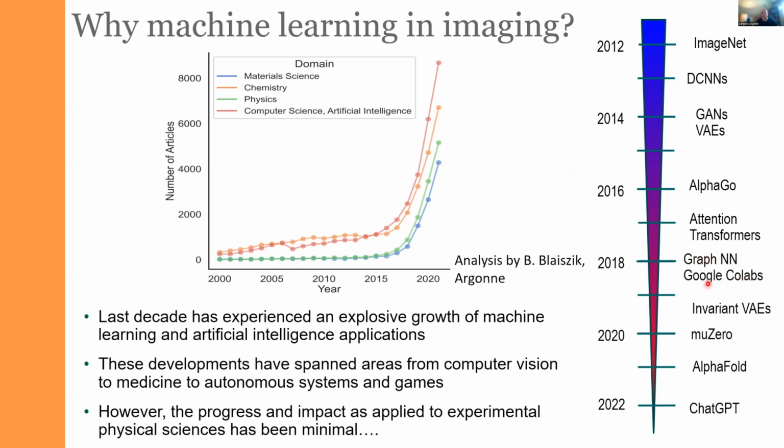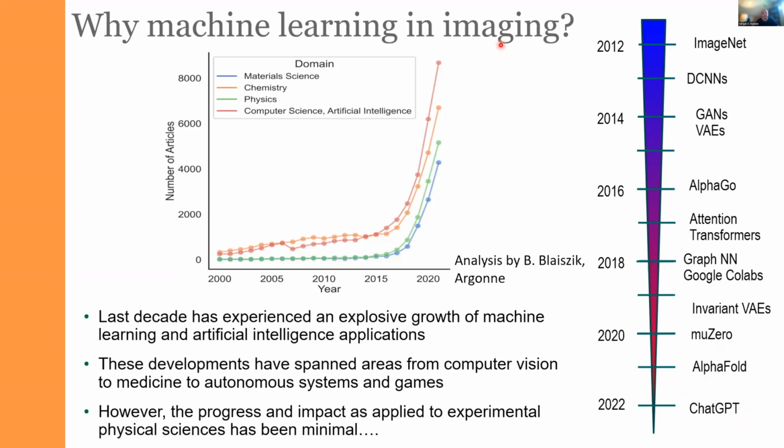Once Google Colab appeared, the entry level to learning Python and actually experimenting with deep learning dropped essentially to zero. 2020, 2021 was MuZero and AlphaFold. And of course, things became really hectic over the last half a year, with techniques like Galactica from Meta, ChatGPT, and so on coming out on the market. So this is really a ride for the last 10 years.